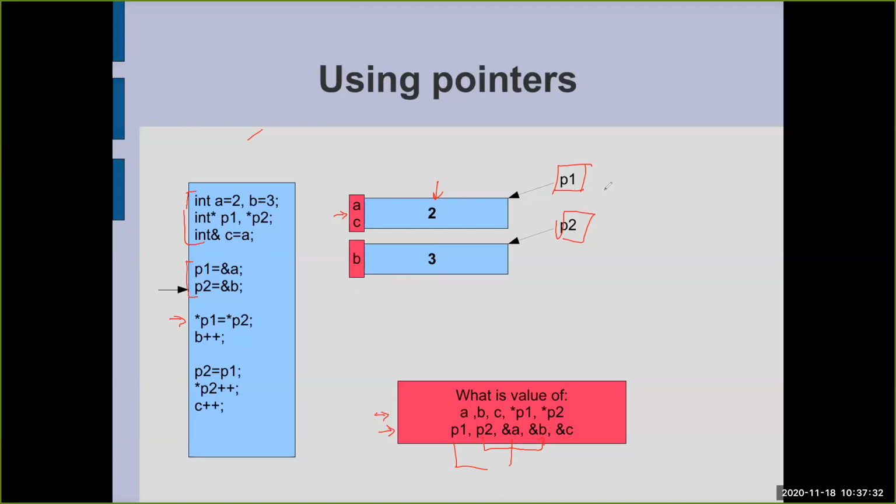We can write that asterisk P1 equal to asterisk P2 is equivalent, for example, to A equal B or C equal B. So they are equivalent because asterisk P1 is the same like A or C, yeah? And asterisk P2 is the same like B.